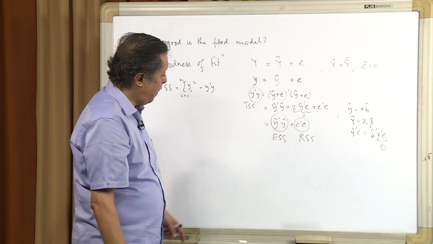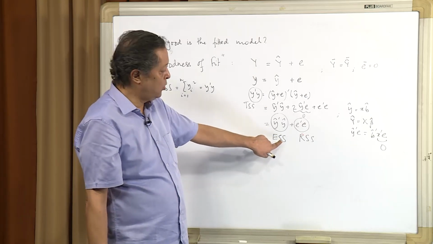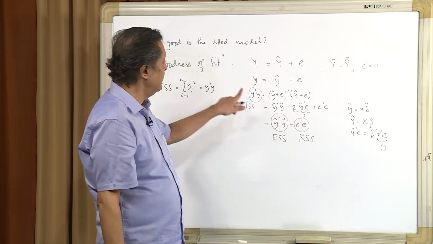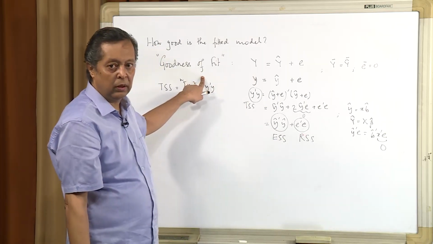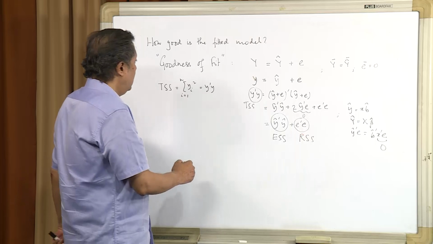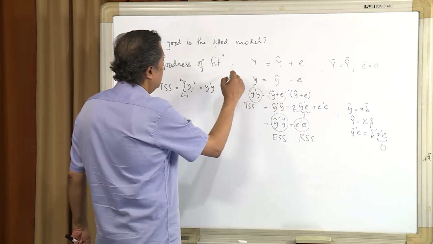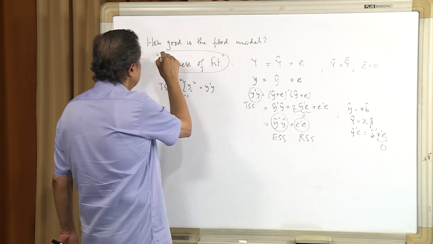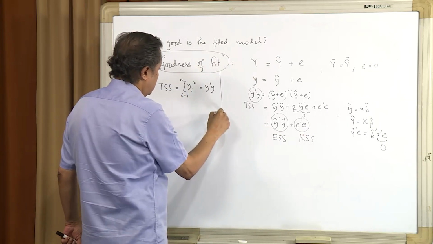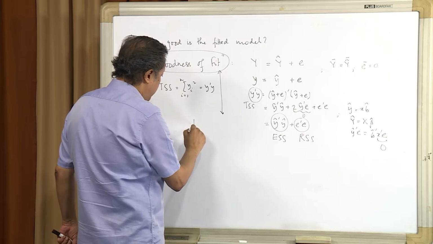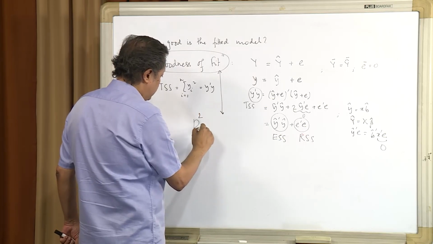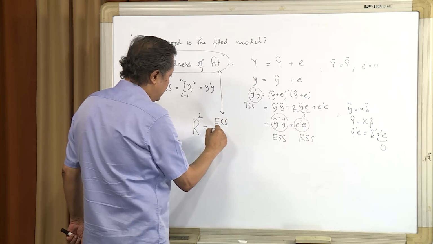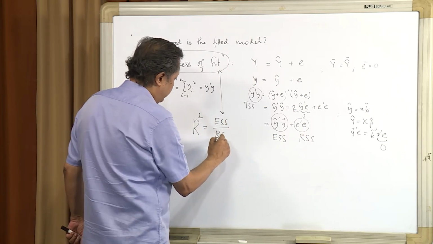And obviously, anyone can guess that the higher the component of explained sum of squares, the better is the fit of the model. So, the goodness of fit of the model is explained by capital R square, which is explained sum of squares by total sum of squares.